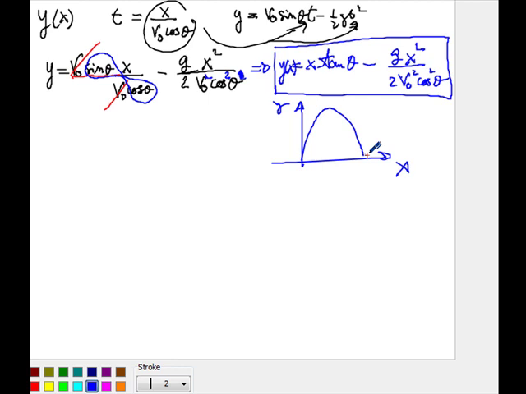Let's say I'm dealing with a rifle that has a particular power, so my v naught is pretty much fixed, depending on the gun that you have. But you want to shoot that bullet at the target as far away as possible. Therefore, you want the largest x value possible. But you are stuck with v naught because it's embedded in the type of gun that you're using. What would be the most efficient angle that you should use?